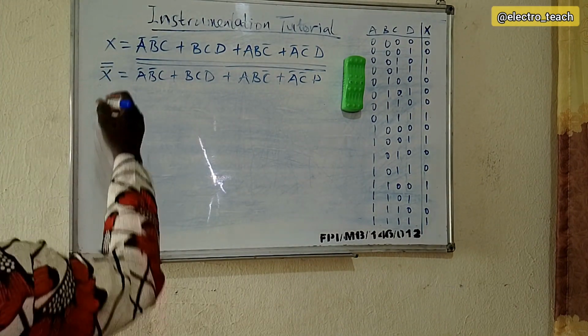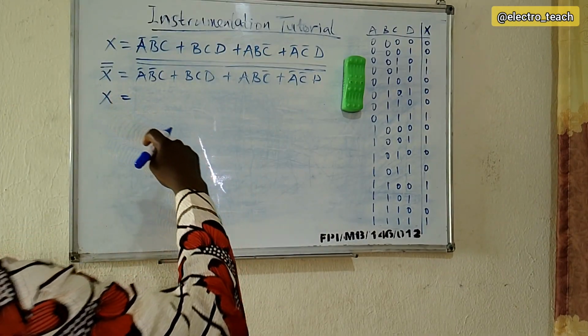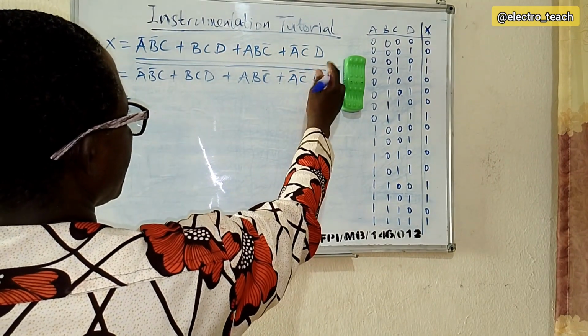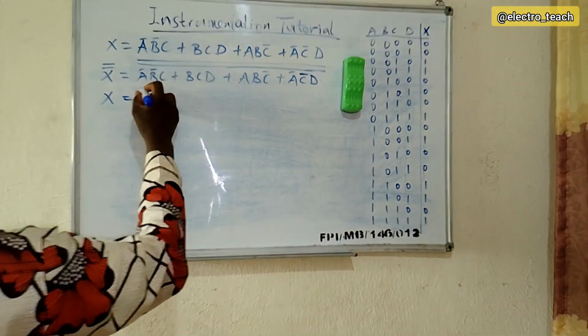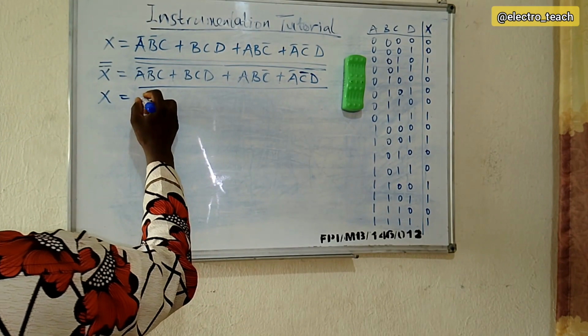X bar remains X. So we're going to use the double bar here to apply De Morgan's theorem to the right hand side of the expression. So we have the first bar remaining. Then we are going to apply De Morgan's theorem now.